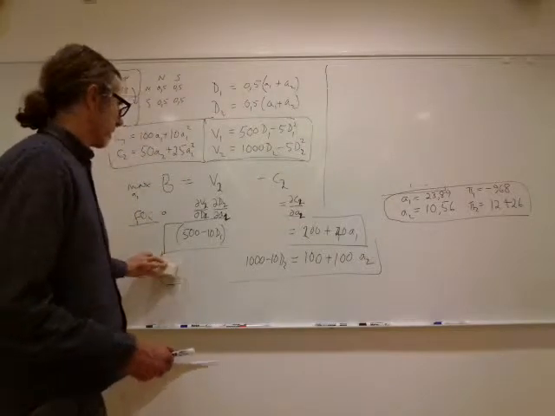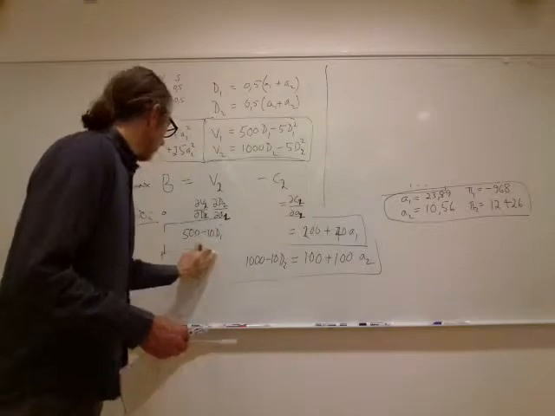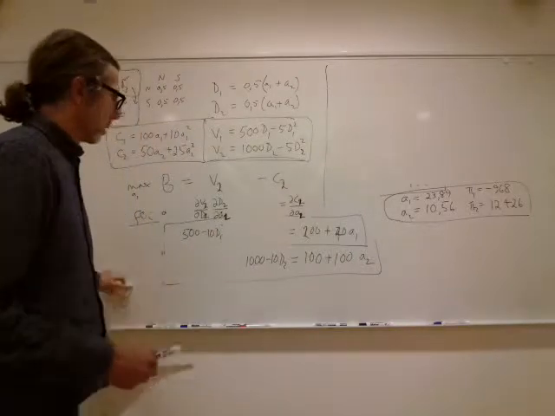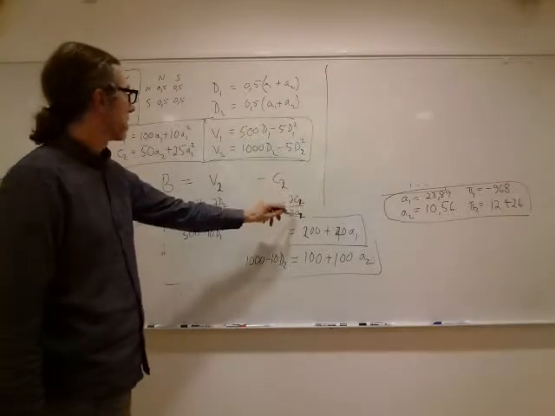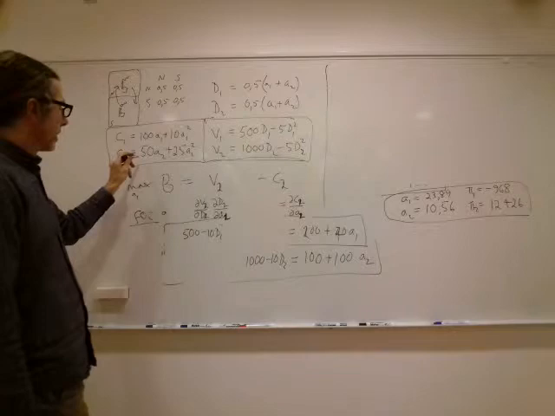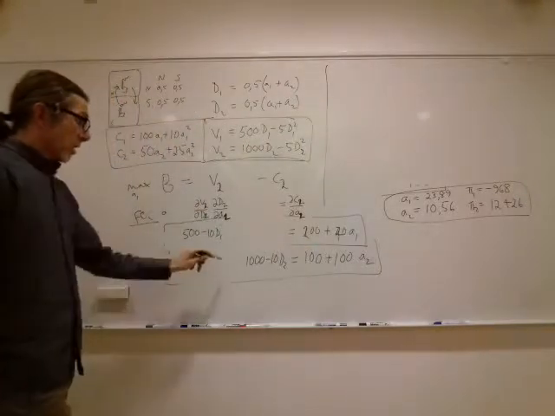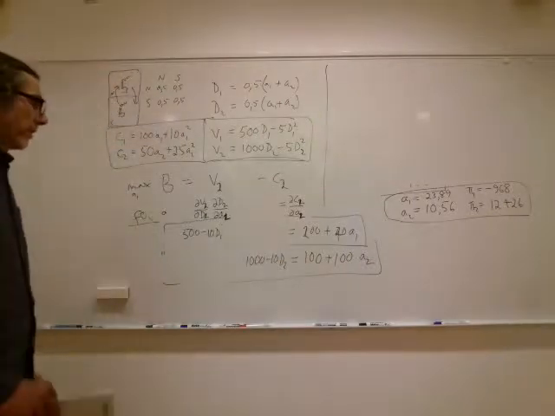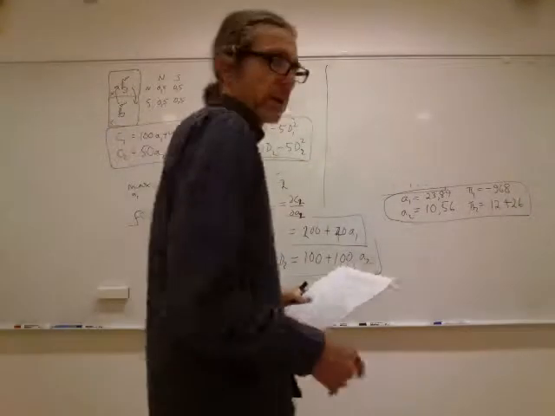That one's disappeared. Don't need those brackets. Times a half is equal to dC2 by dA2, which is 50 plus 50 A2, and times both sides by 2, we end up with that. Okay, so those are our equations.